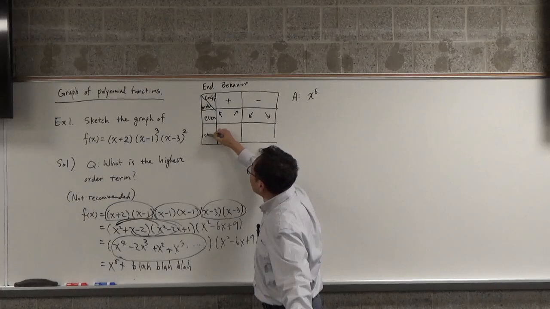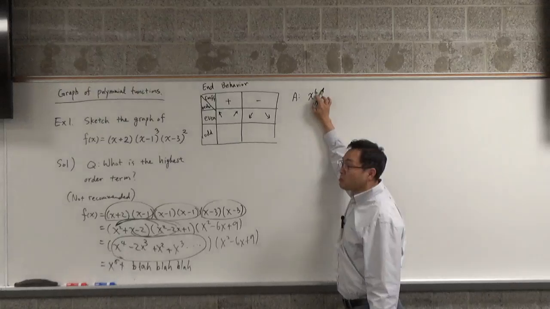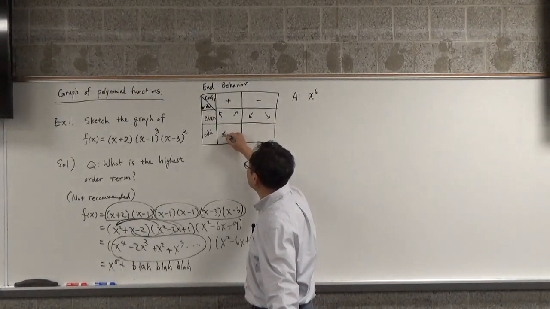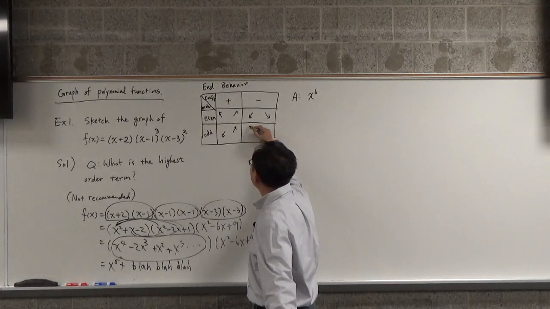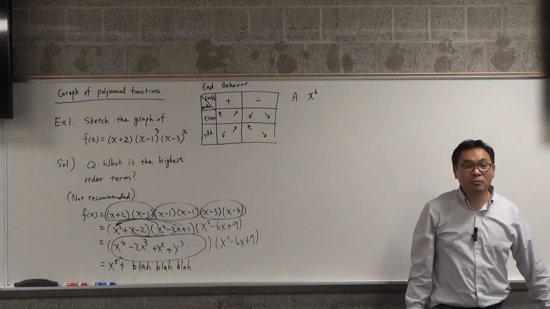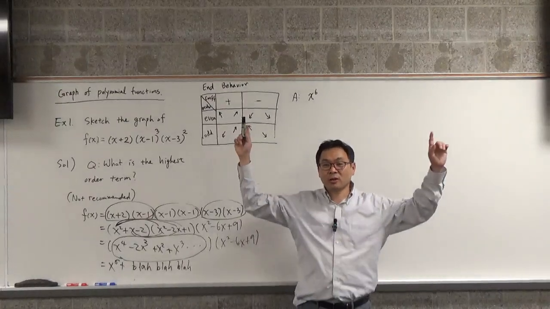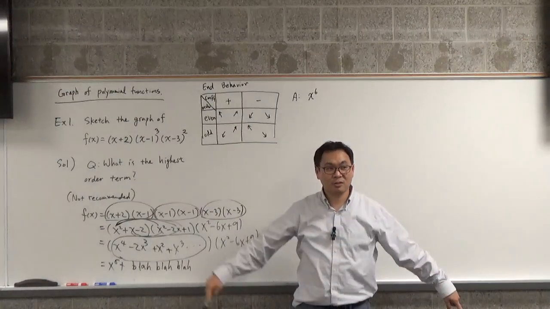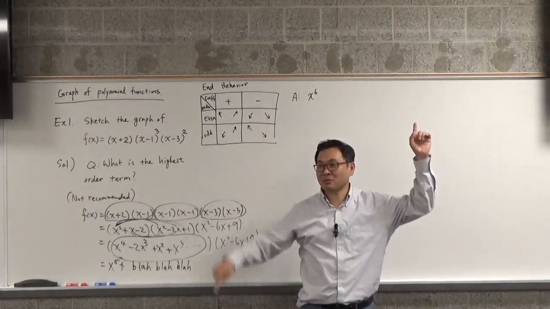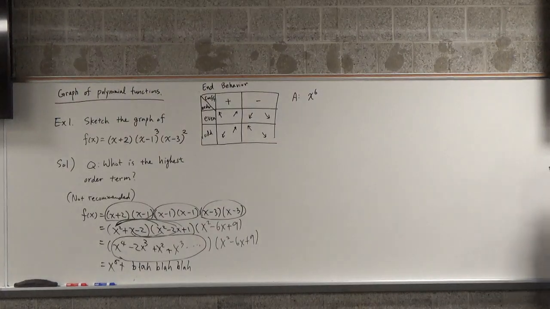If the order was odd, if instead of 6 it was like 5th power, 7th power, then the graph would be like that. And if it's negative, it would be like this. Those are the 4 possibilities of end behavior. They could be both going up, both going down, one going this way or going that way. You can actually make a dance out of all the possible end behavior.